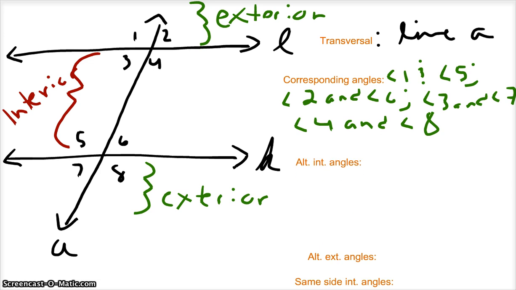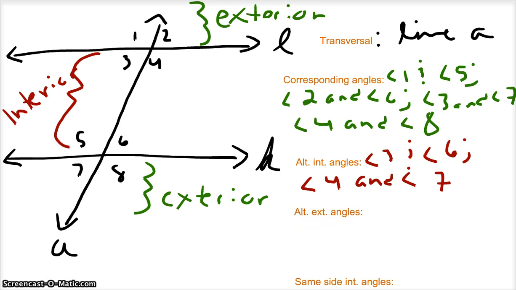Alright, then alternate interior angles. The rest of them, there's only 2 pairs. Alright, so alternate interior angles, we have angle 3 and angle 6. We also have angle 4 and angle 7. Alternate exterior angles, we have angle 1 and angle 8, and we also have angle 2 and angle 7.